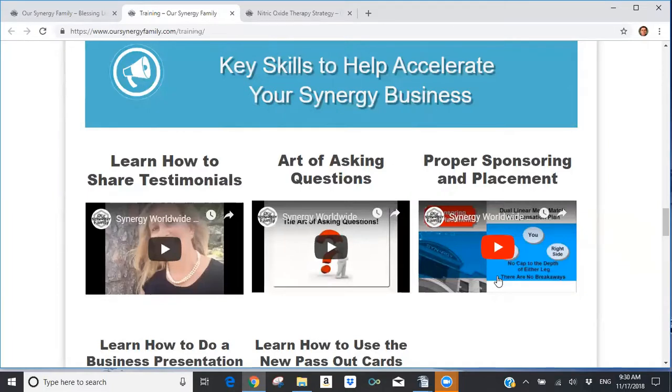Acquire customers, attract business builders, so that as their organization grows, it helps your organization grow.